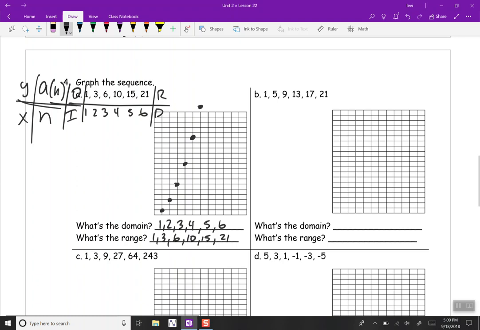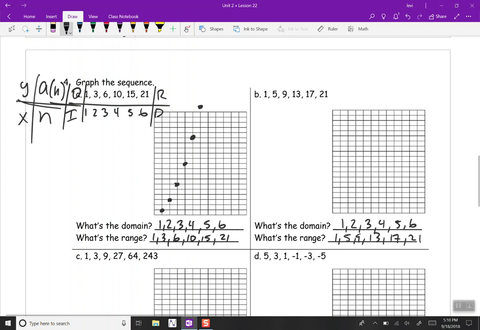Same thing here, domain: 1, 2, 3, 4, 5, 6. Our range are these numbers: 1, 5, 9, 13, 17, and 21.